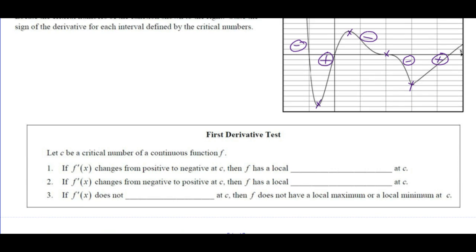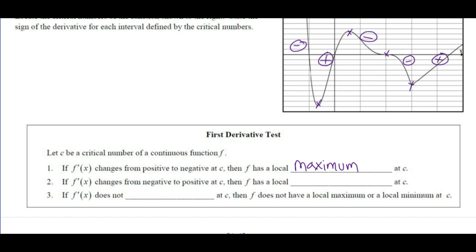Okay, so the first derivative test. If c is a critical number of a continuous function f, if f prime at x changes from positive to negative at c, then it has a local maximum at c.